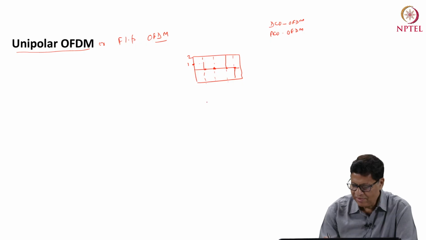So in unipolar OFDM, what normally is done, you divide this into further 2 parts.